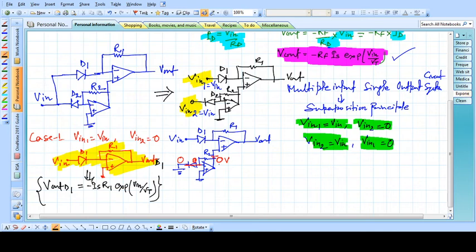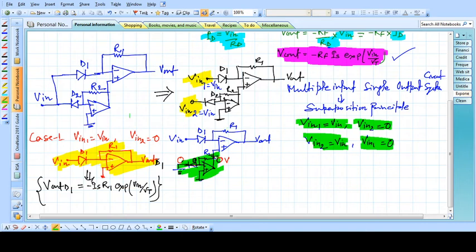Because there may be some confusion, this should be 0 volt, so there should be 0 volt. Clear now, because the voltage is 0, so the corresponding output voltage will also be 0. So the non-inverting input of op-amp 1 will be 0, so again it will be output by V in. You can simply write like that. Okay, now this one is the output voltage, V output due to D1.